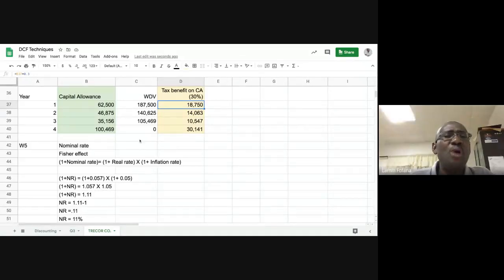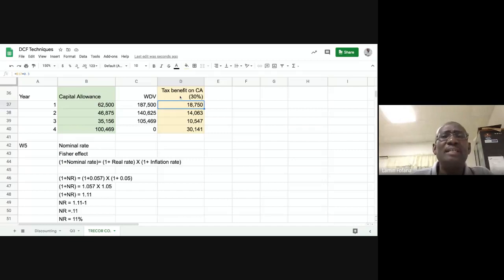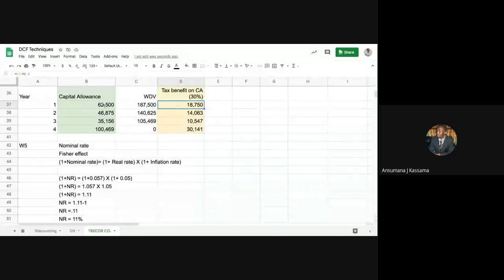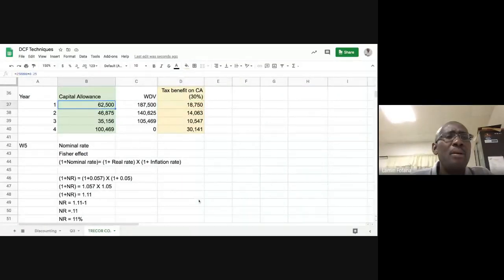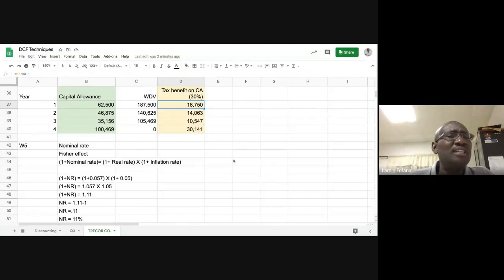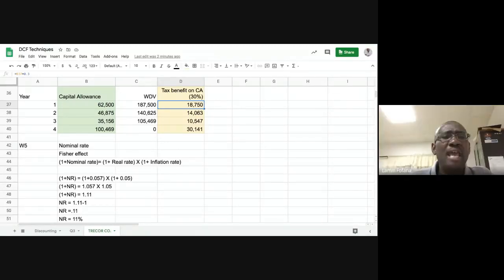30% on what? What is he talking about? Are you talking about the tax benefit on capital allowance? Yes, it's 30% on 62,500. 25%, Mr. Fofana, not 30. No, it's 30%. You mean where we got our 18,750? Yes, 18,750 is what?